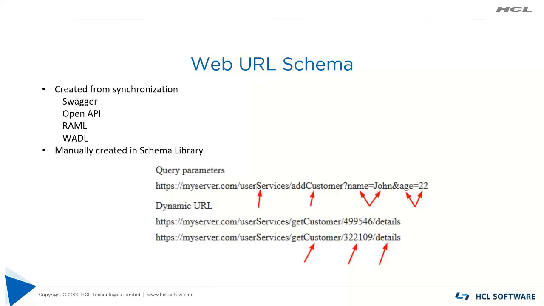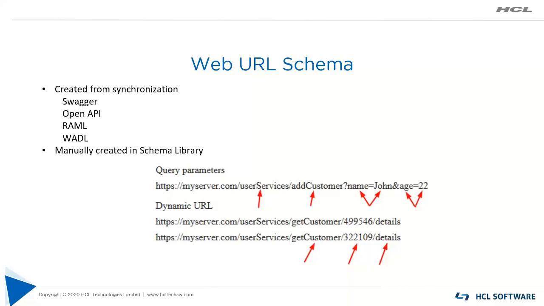For example, if the server you're talking to has a published API using, say, a Swagger document, you can synchronize with that, and that will create your services and your operations in Architecture School, and it will also create your web URL schemas. But for some applications, there may be no published schema, so you might be asked to manually construct these things.